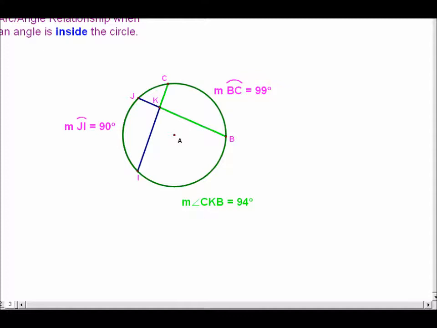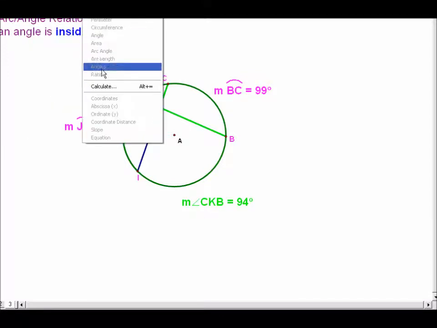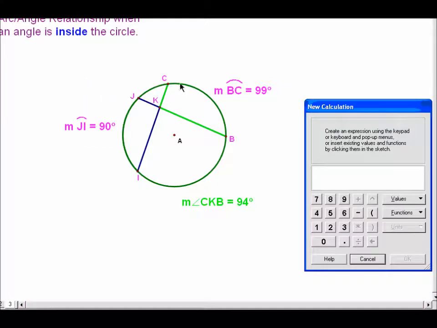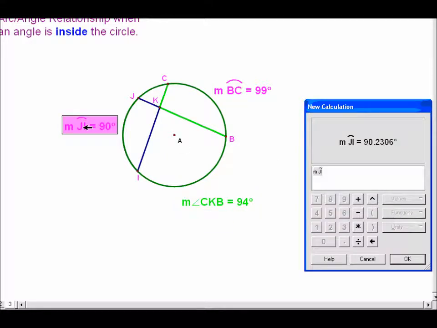So let's do a calculation here and check and see what happens if maybe we average those, right? Because 94 seems to be pretty much right in the middle of 90 and 99. So let's try that out. We have the measure of arc JI, the first intercepted arc, plus the measure of arc BC, our second intercepted arc.